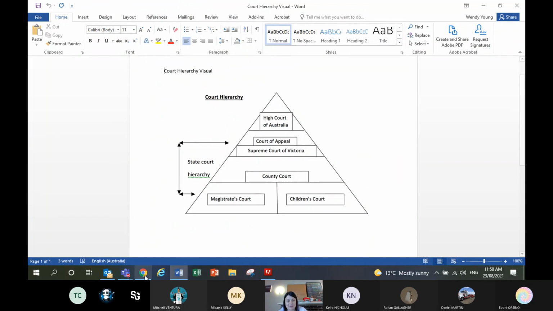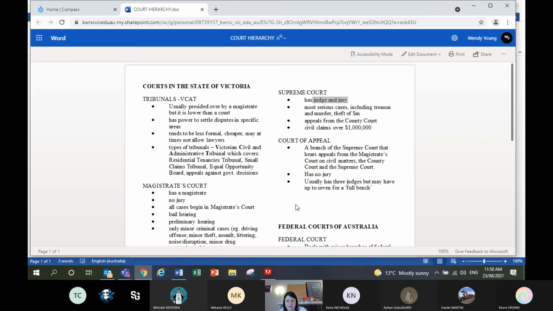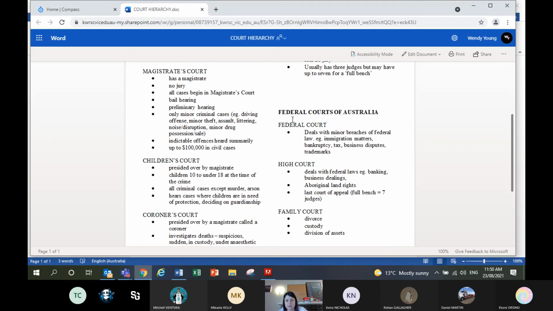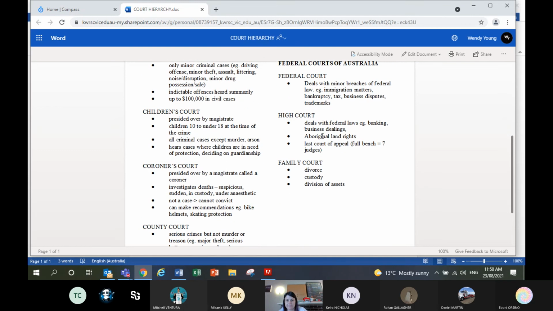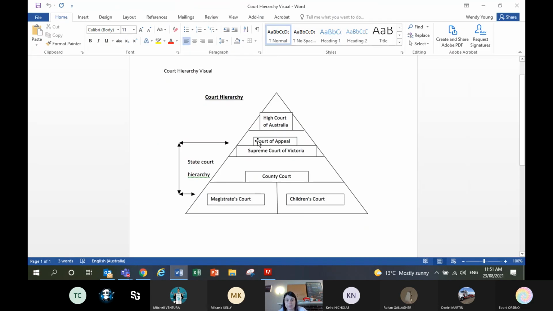The High Court of Australia, that's the highest court that we have there. So you don't need to worry about that. That's not actually on the diagram, but it deals with federal laws such as banking, business deals. It also looks at Aboriginal land rights, and it's the last court of appeal. So basically, if you still want to appeal a Court of Appeal decision, you have nowhere else to take it besides the High Court of Australia.